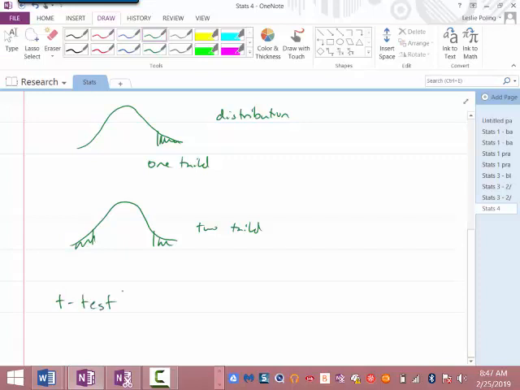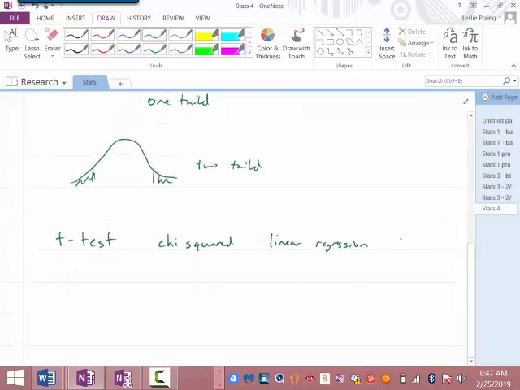We are going to be doing t-tests, chi-squared, and most likely linear regression, and possibly some groups will go into an ANOVA.